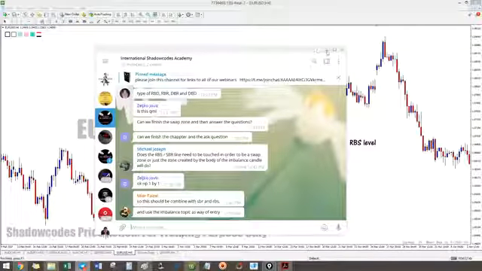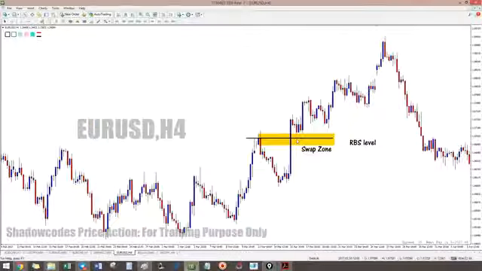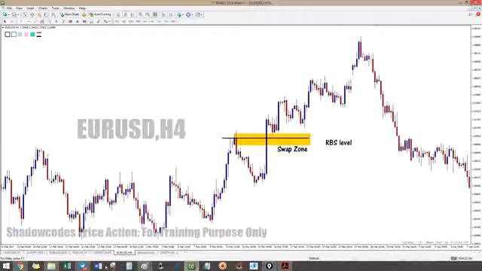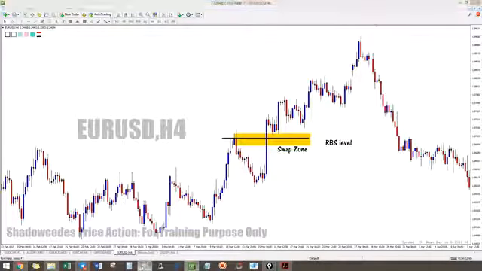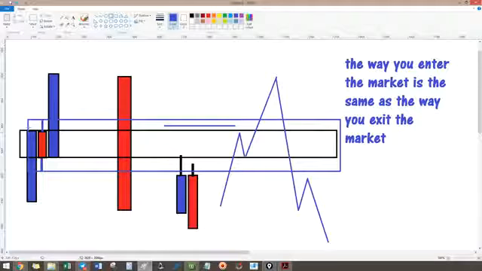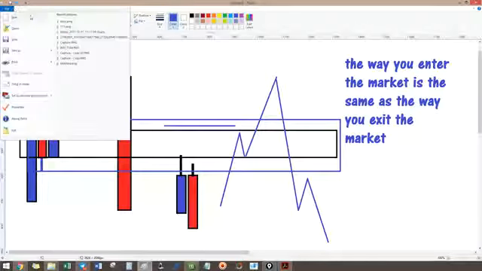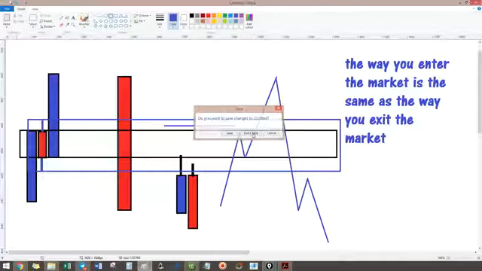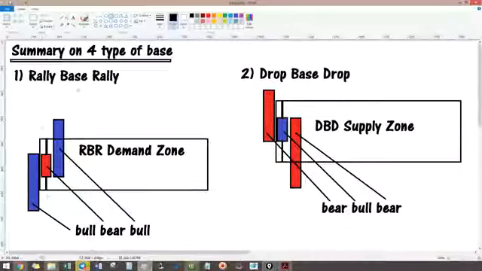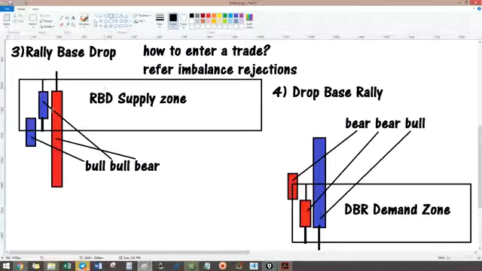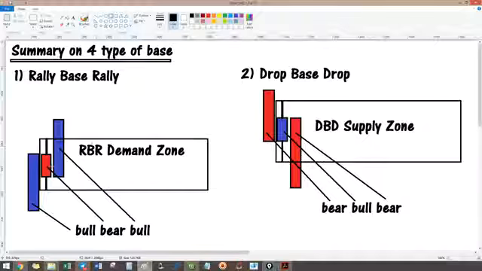Is there any other question regarding this? Please ask. Do not just make it like this; make sure it's really sharp. Just use one candle as a base. Only one candle as a base. Look, the rally base rally, drop base drop, rally base drop consists of 3 candles, but the base is only the candle in the middle.